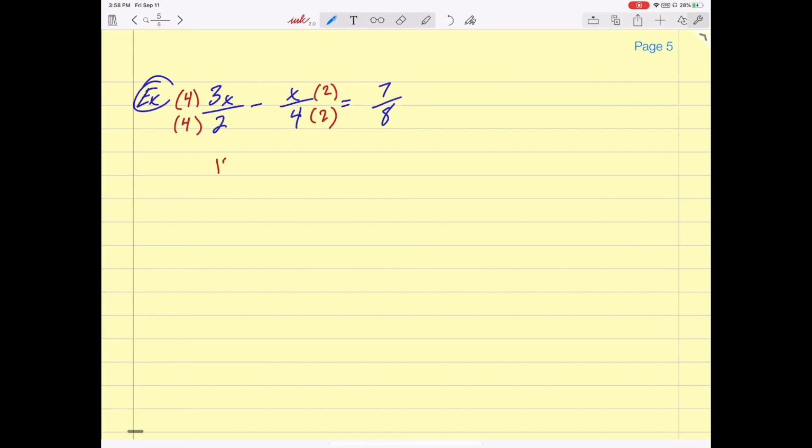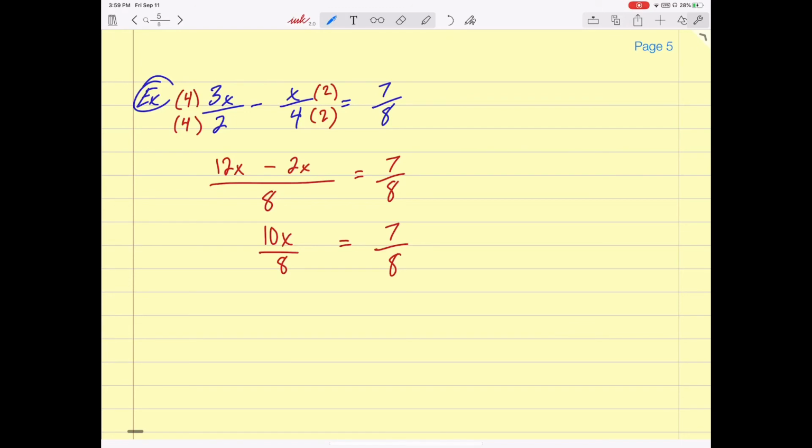So I'm going to simplify this. This would be 12x minus 2x over 8 equals 7/8. I can simplify that further: 12x minus 2x is 10x over 8 equals 7/8.